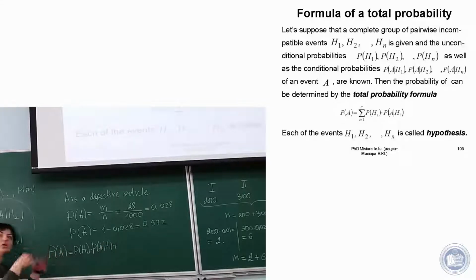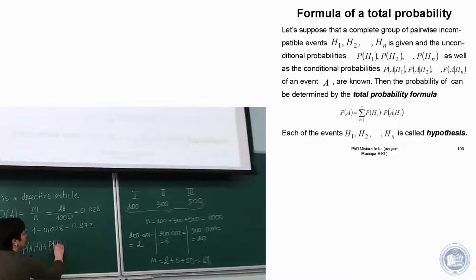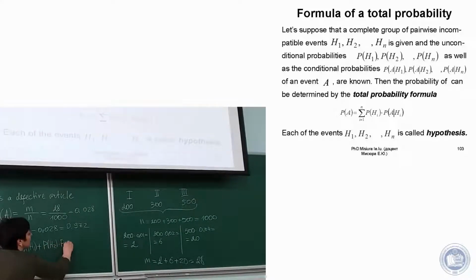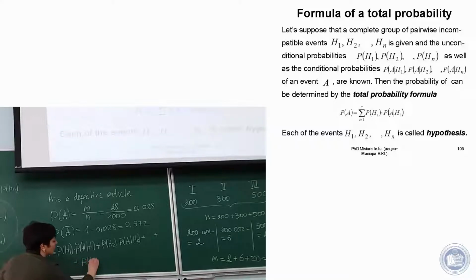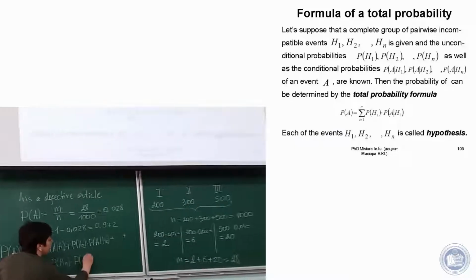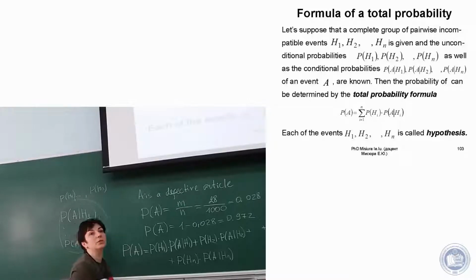Or you can use the second hypothesis and get P of H2 times P of A under condition H2. Or you can get hypothesis Hn, P of Hn times P of A under condition Hn. This formula is called total probability formula.